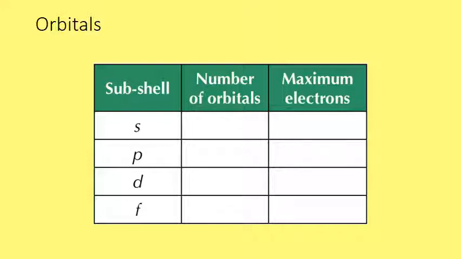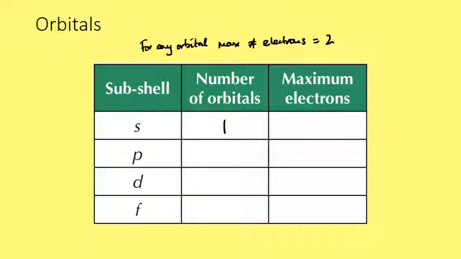Okay, so the subshells are made up of orbitals, and an s subshell has one orbital. All right, so I'm going to write a number 1 in there. An s subshell just has one orbital, and for any orbital, I'll write this down here, the maximum number of electrons is 2.